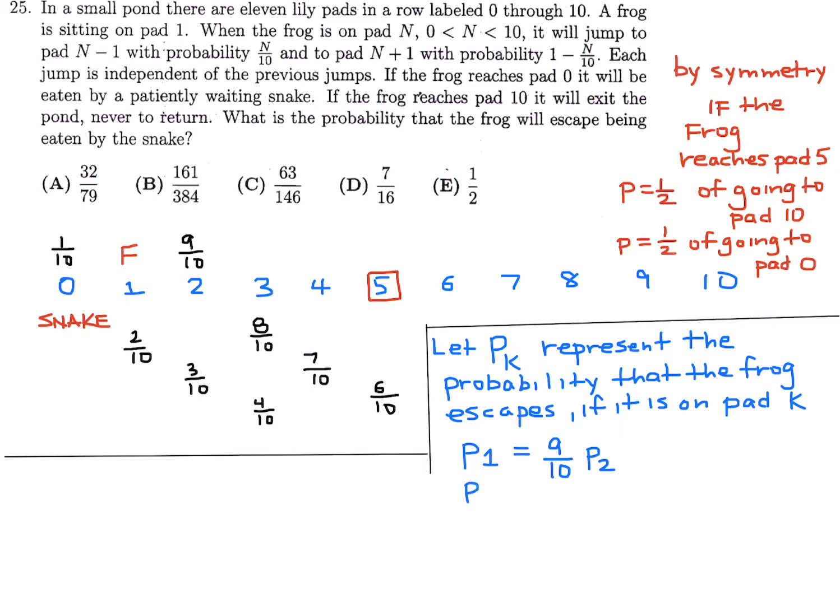Very similarly, P2 is calculated as 2 over 10 P1 plus 8 over 10 P3.